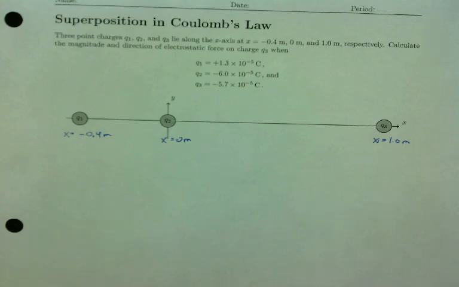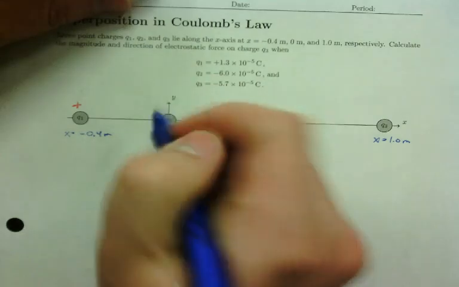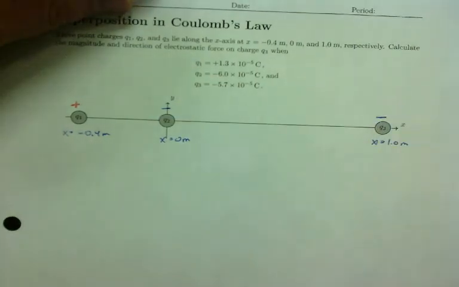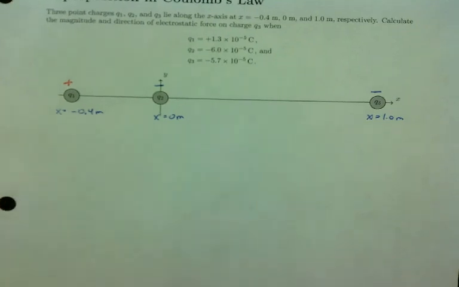The first thing I do when I'm given one of these problems is label my picture, as I've already started to do here, but I want to label a little bit more. You'll notice that Q1 has a positive charge, and the other two are negative charges. That's going to be important in a second, so I'm going to label those so that I can look at them in a little bit.